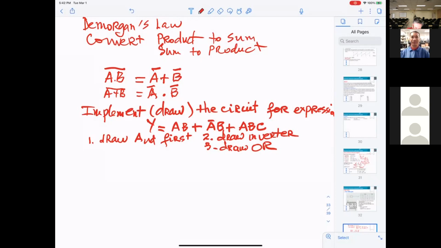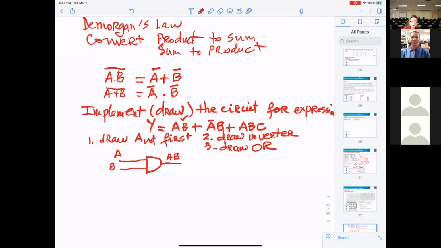So the first thing you draw is the AND gate. The inputs will be A, B, and the output will be A and B. Okay, make sure if you do not follow it, let me know. That means you already drew that AND term.